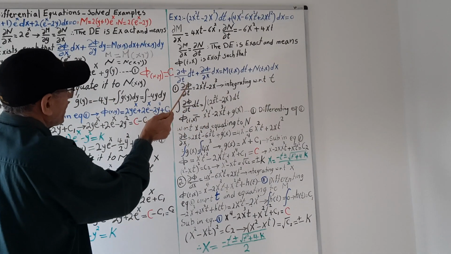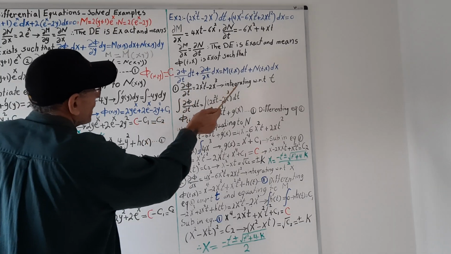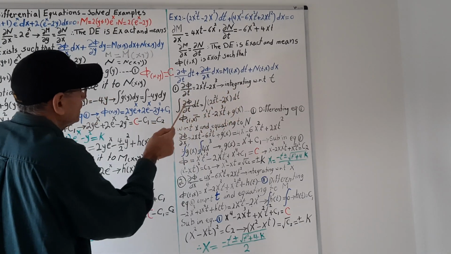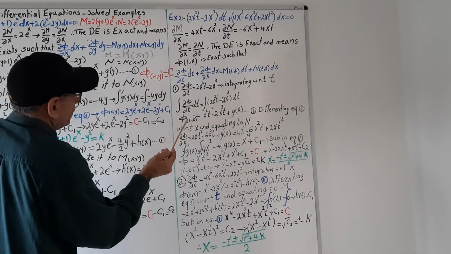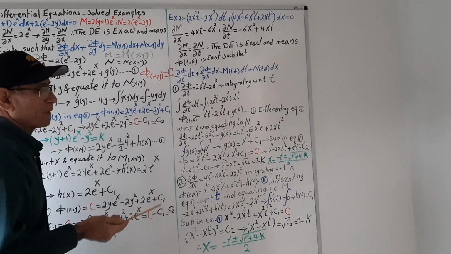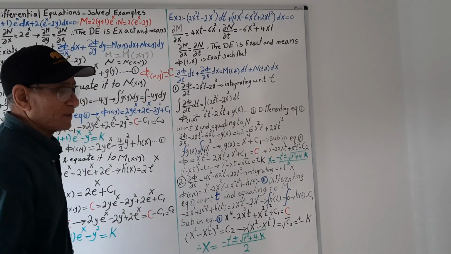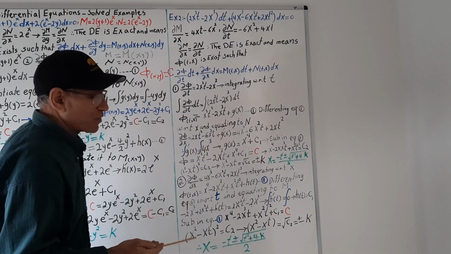First we integrate partial of phi with respect to t, and here phi equals this one plus g of x, which is again because we are integrating with respect to t, so our constant of integration will be a function of x.